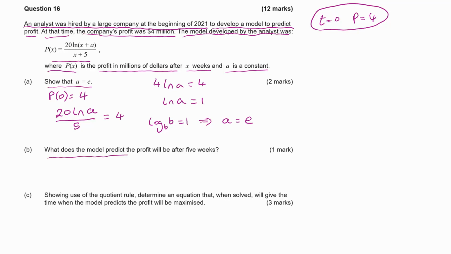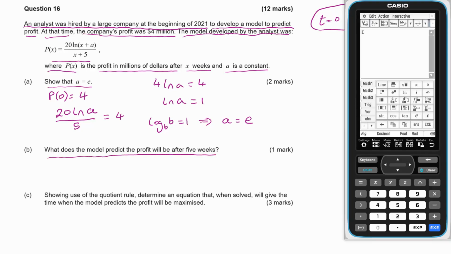What does the model predict the profit will be after 5 weeks? So what we're after is P of 5. So that's going to be 20 ln of 5 plus e, all over 5 plus 5.